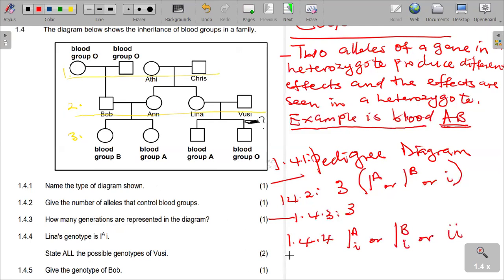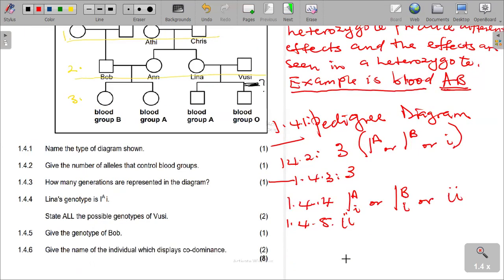We are saying Bob's genotype at 1.4.5. Bob can only be blood type O, and blood type O is the genotype I, I there.